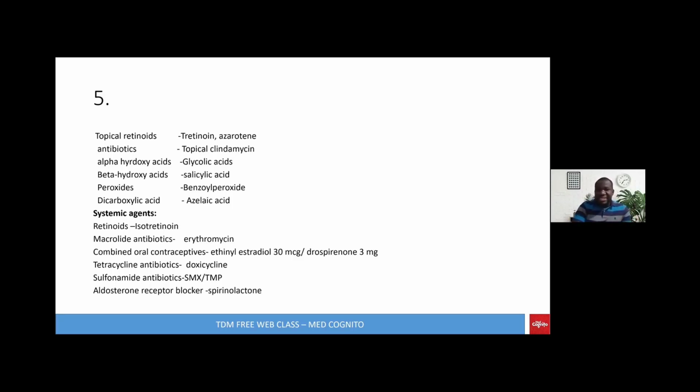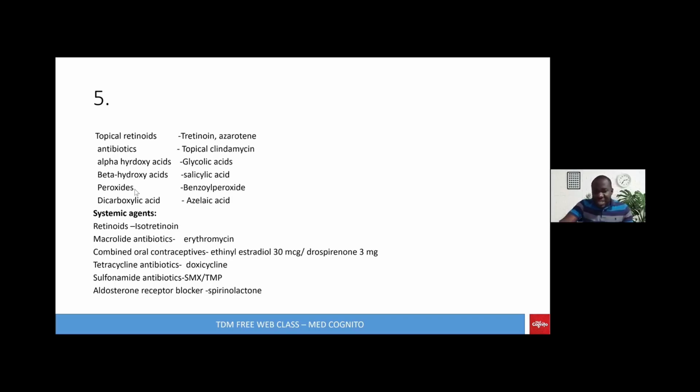Dicarboxylic acid is a class. Azelaic acid is an agent within that class. So it's always important to note, is this question asking for a class, or is it asking for a medication agent, so that you give the appropriate answer?